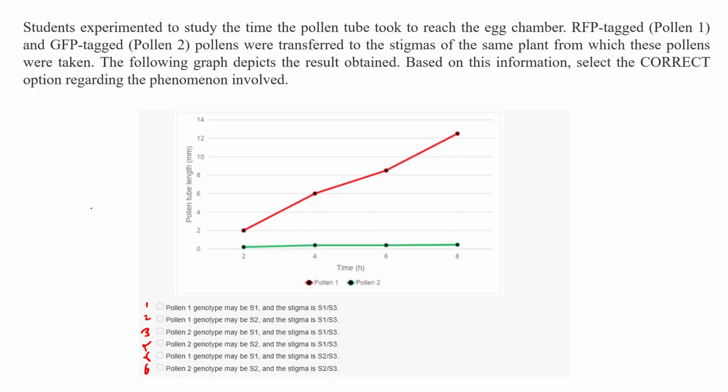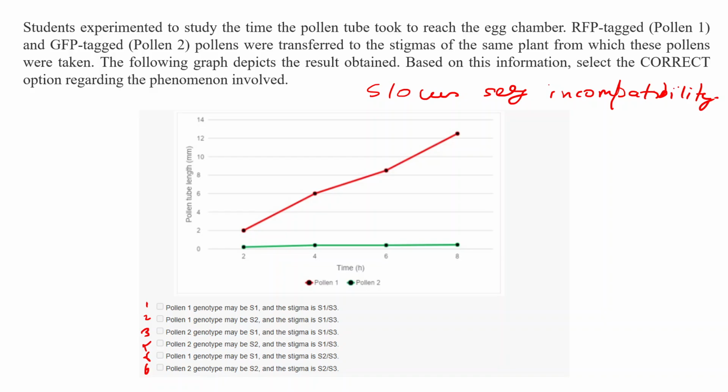So basically, the phenomena that is dealt with in this question is S locus self incompatibility. So what does it mean?